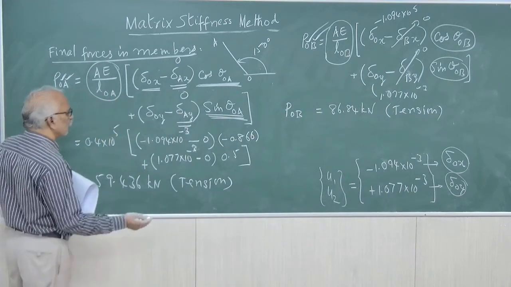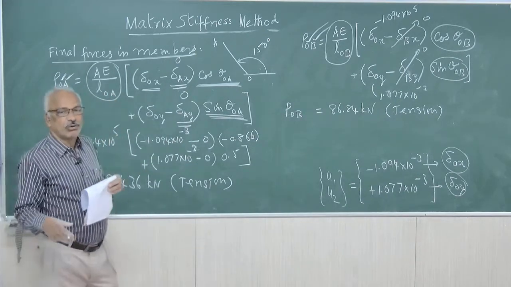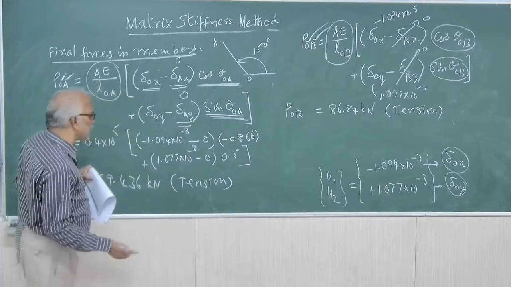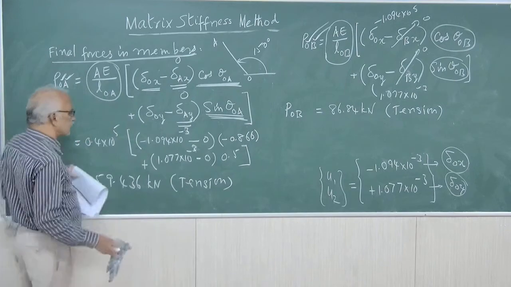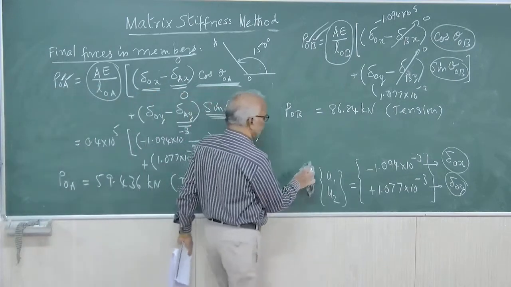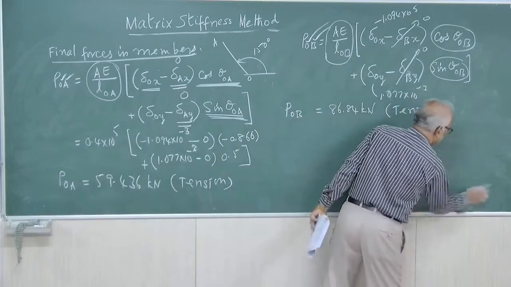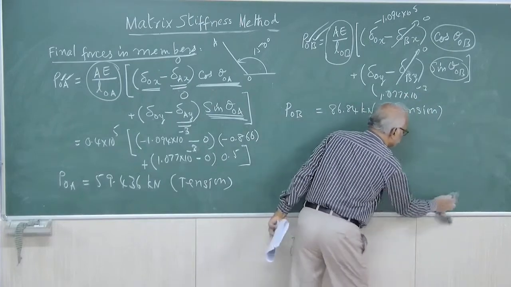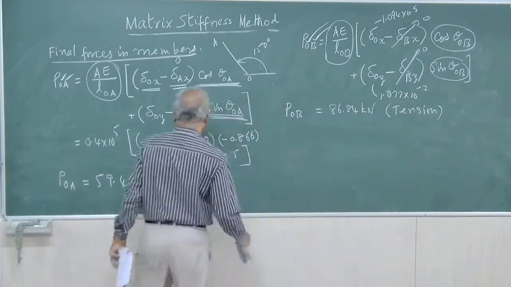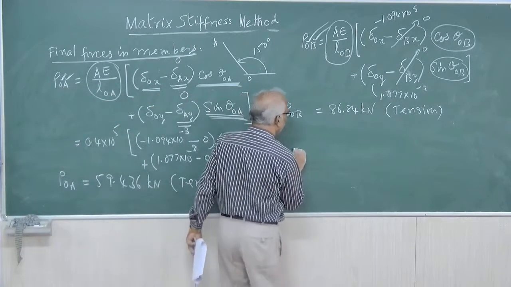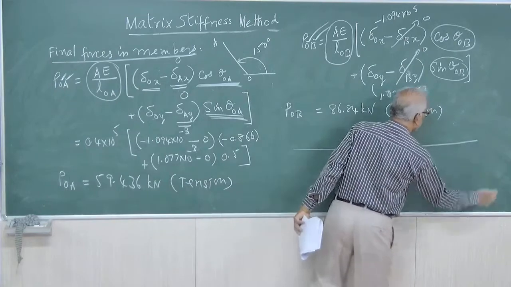Similarly, you can find out POC, POD and POE. So I'll skip those calculations. I'll just mark the final values in the figures. With this introduction, I hope the viewers can do the calculation.